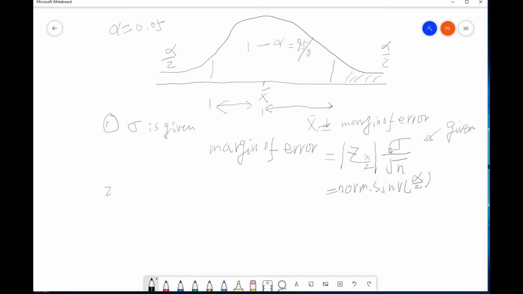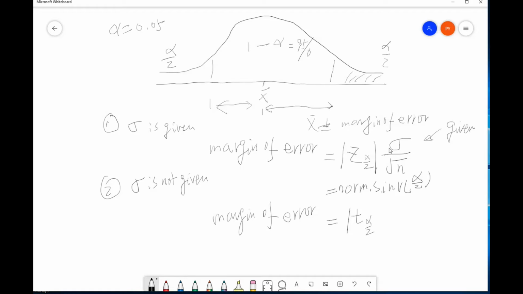So this is case number one. Let's calculate for case number 2. Sigma is not given. Then our margin of error equals, I use absolute value. The textbook didn't use absolute value, and later I'm going to show you why absolute value is important.